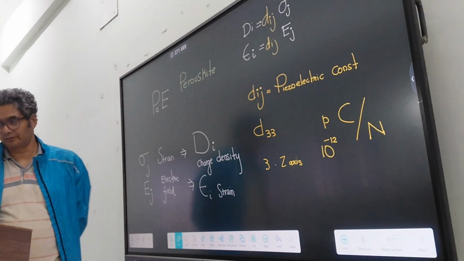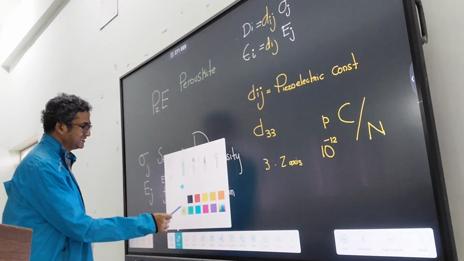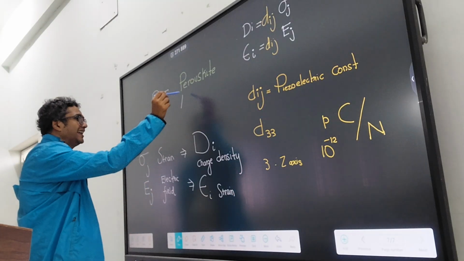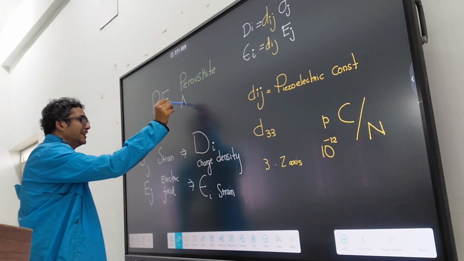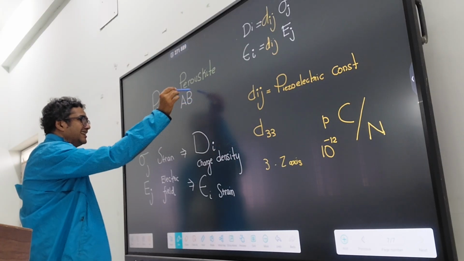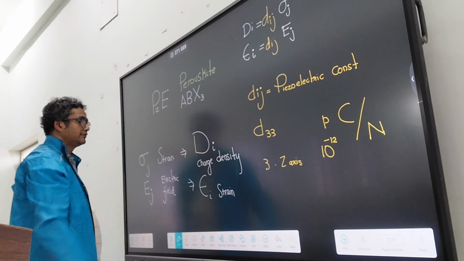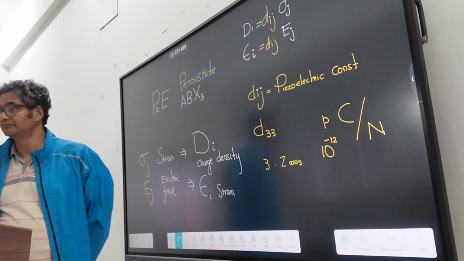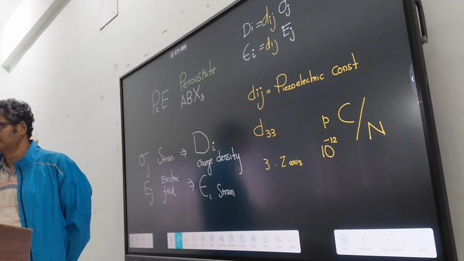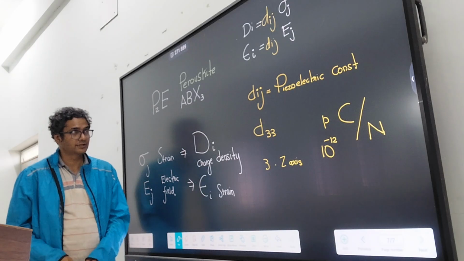Perovskite is a compound with the general formula ABX3. There was a Russian scientist whose name was Perovsky.